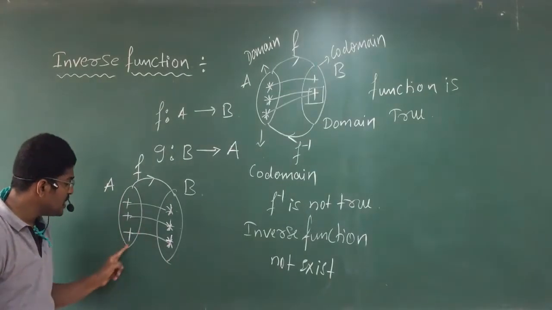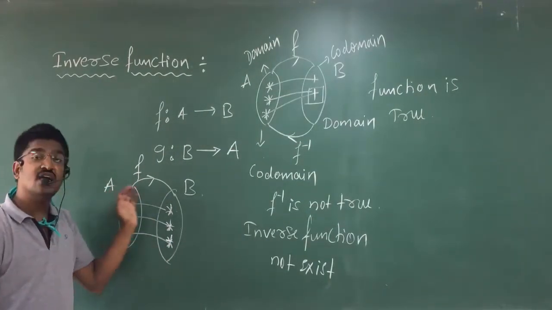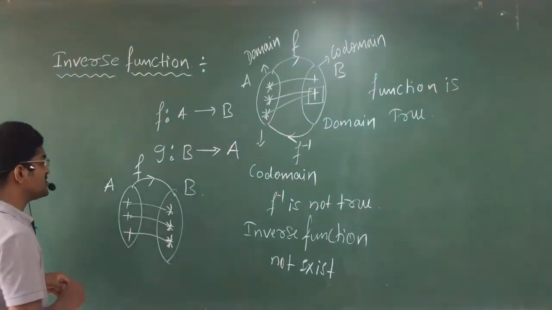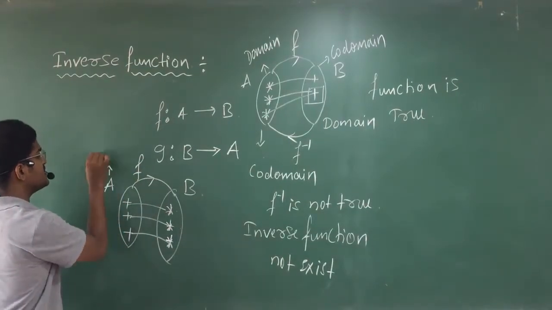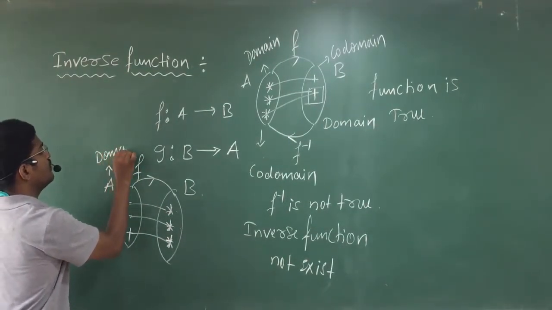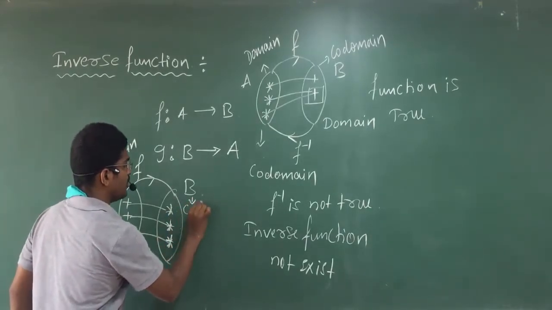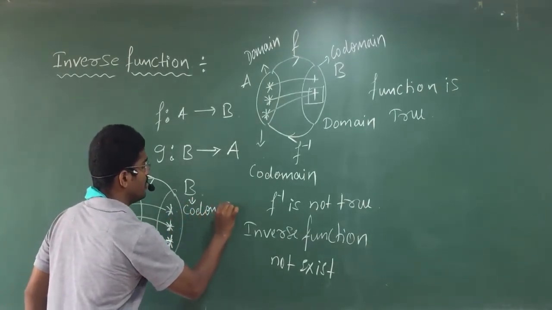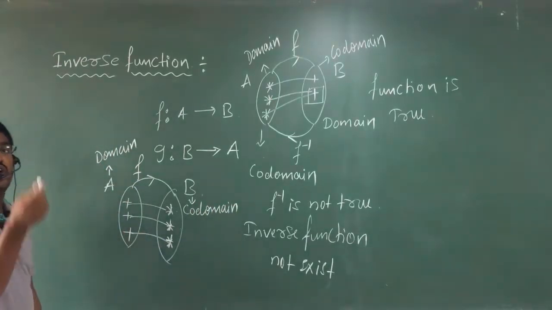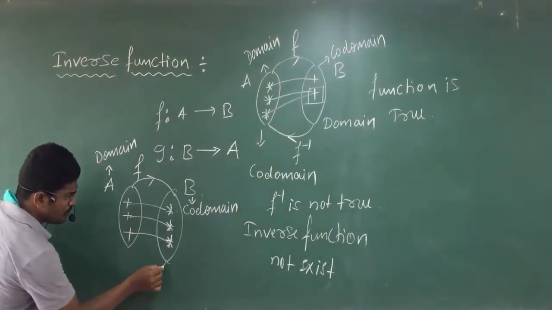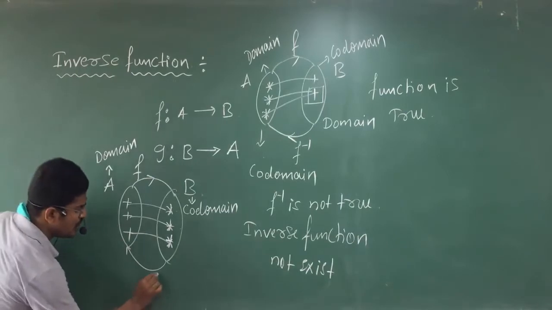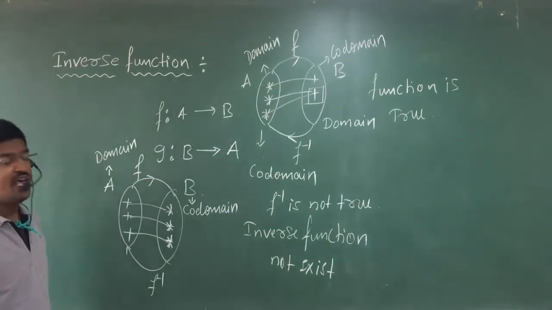Every element of A is having a unique image in B. That means for f, A is the domain and B is the codomain. Now let us check the inverse function, that is from B to A, that is called f inverse.